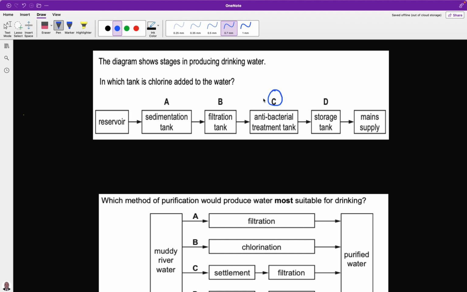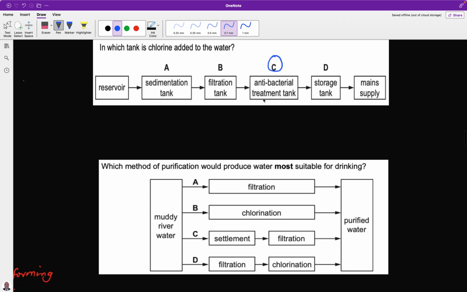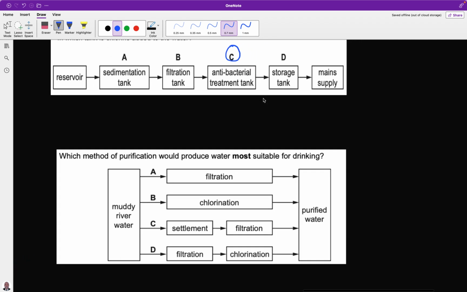Now, the second one is, which method of purification would produce water most suitable for drinking? There are different methods of purification here. This is river, muddy river water. That is river that contains mud. Now, there are different methods of treatment. A treated it only by doing filtration, and it was used for drinking.